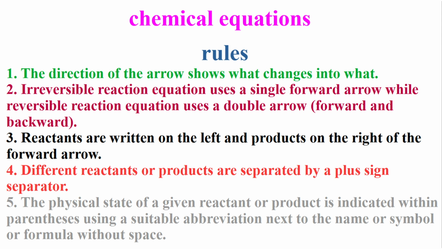In the case of a verbal equation, the names of reactants and products are used, whereas in the case of a symbolic equation, the symbols or formulas of reactants and products are used.